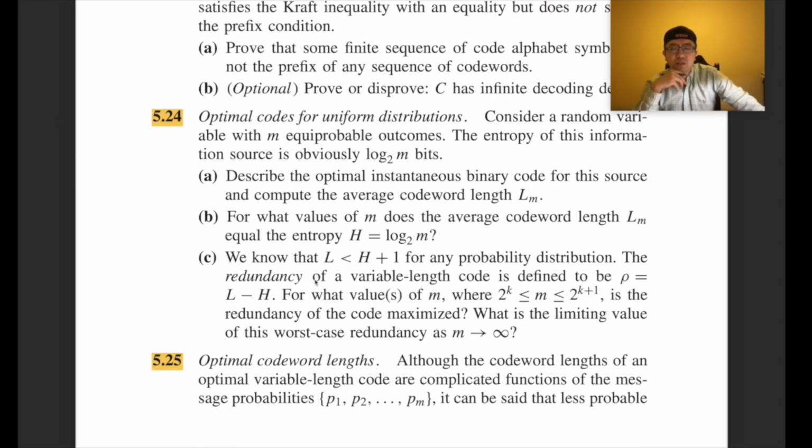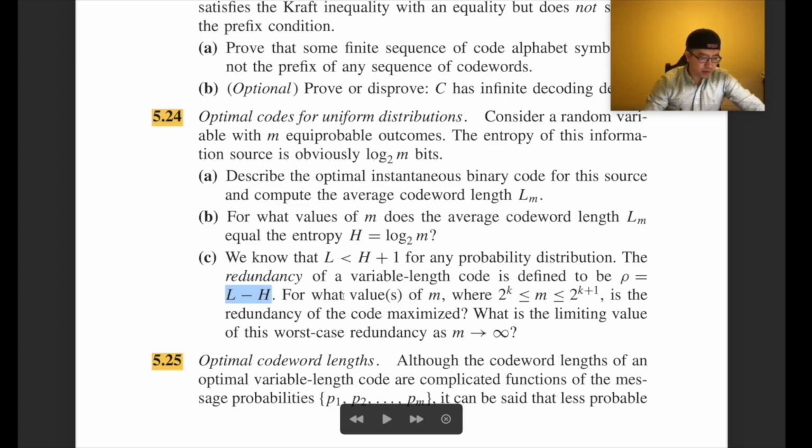For part C, we define the redundancy as the difference between L and H. Now what we would like to do is to find values of m such that the redundancy of the code is maximized.